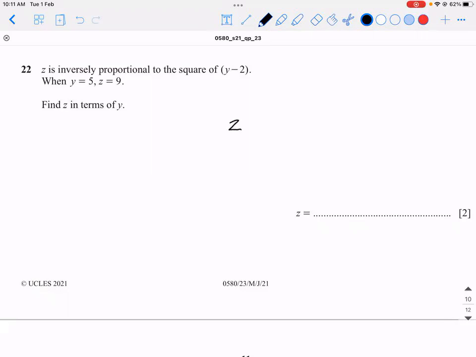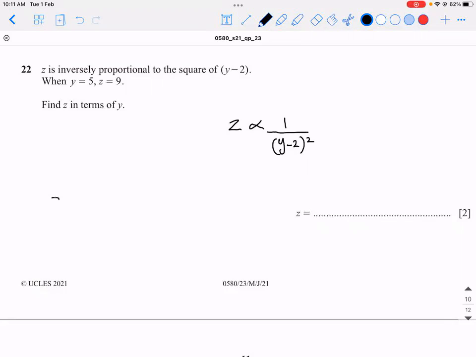So z is inversely proportional, that means we will put an inverse proportion sign. z is inversely, meaning 1 upon the square of y minus 2, that is, y minus 2 squared. When y is equal to 5 and z is equal to 9, find z in terms of y.